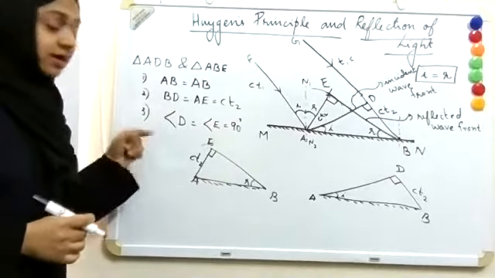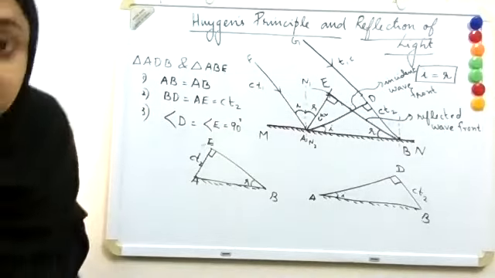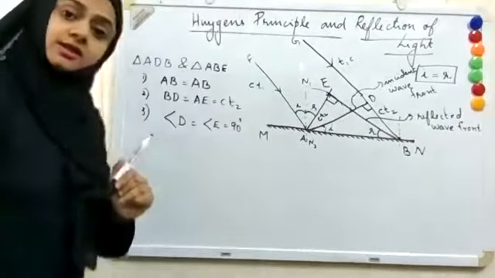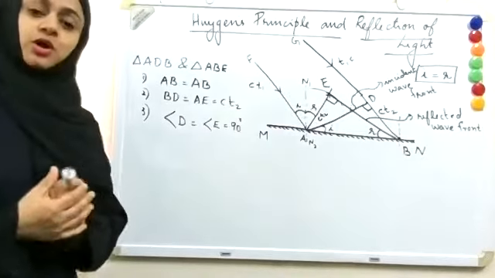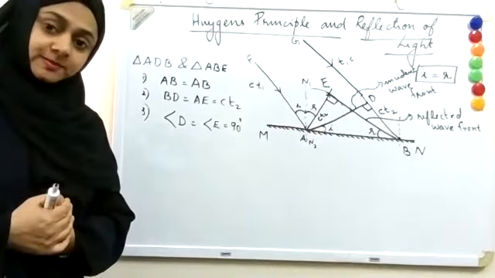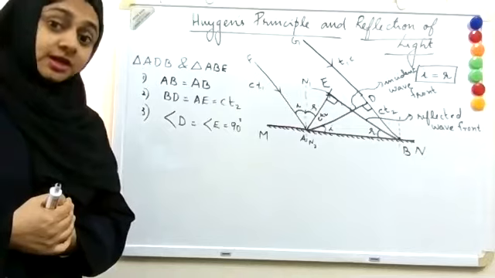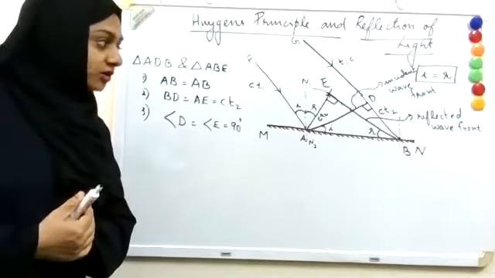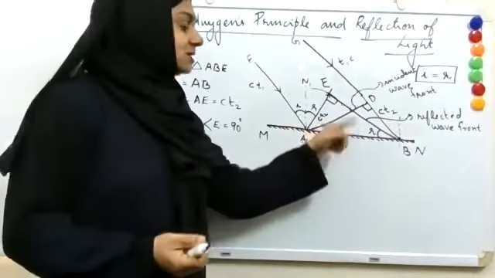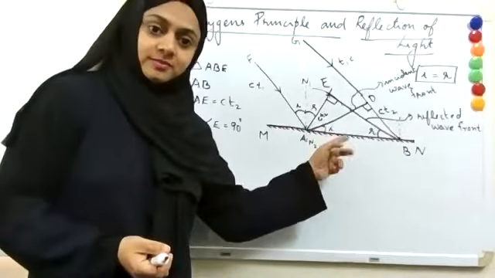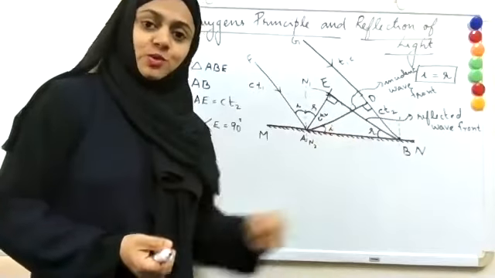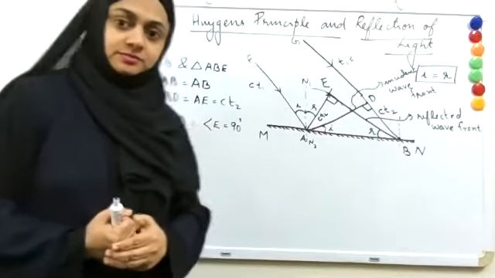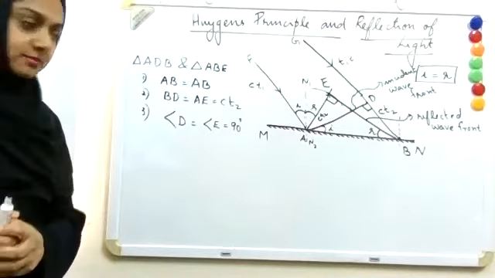So we got three conditions. What does that make these two triangles? If two sides and an angle are the same, what do you call those triangles? They are congruent triangles, right? For congruent triangles, their angles should be the same. So I will be equal to R. Is that clear? Yes, teacher.